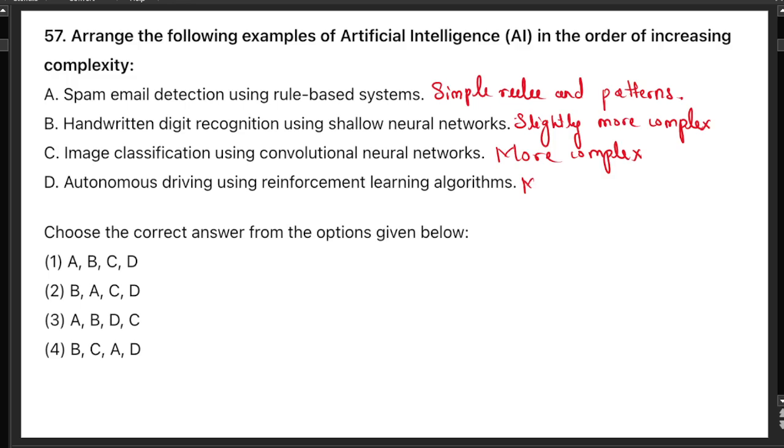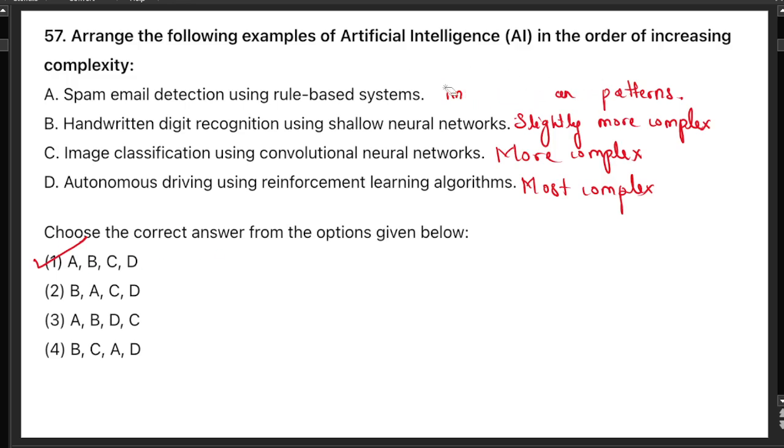So if we have to arrange this in the increasing order, can we say that A, B, C, D is the correct one? Because A is the least complex, second is slightly more complex, third, C is more complex, and D is most complex. So that is why option A here is correct, which is A, B, C, D.